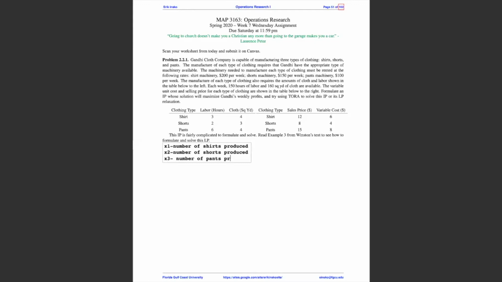And of course, because we are doing IP programming, we would like xi, any of those, x1, x2, or x3, to be greater or equal to 0, but also to be an integer.